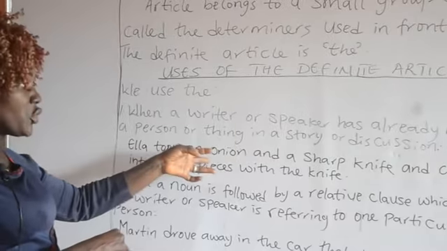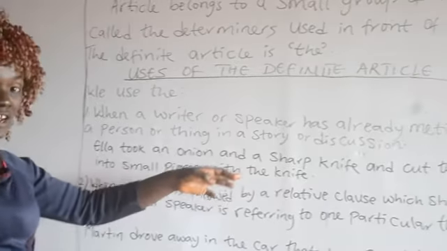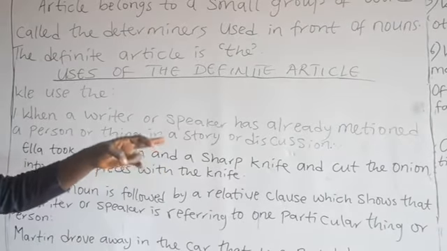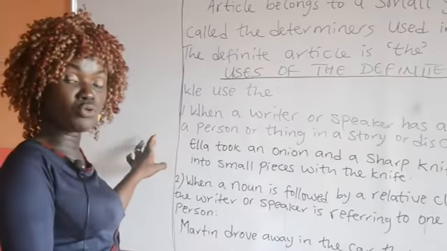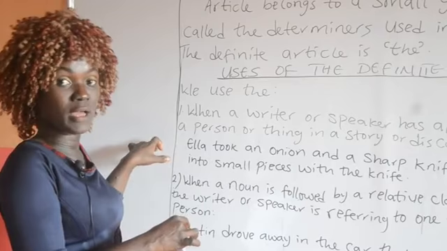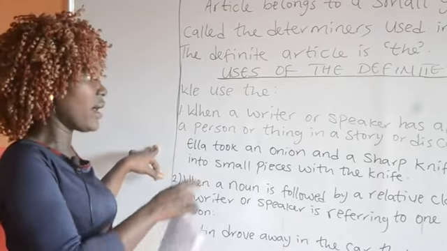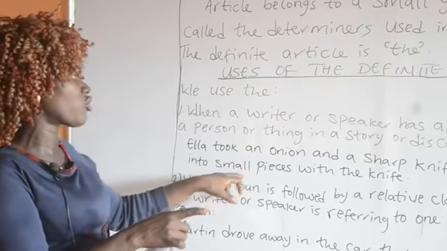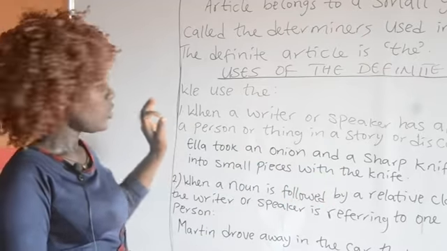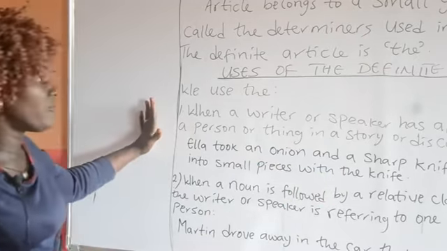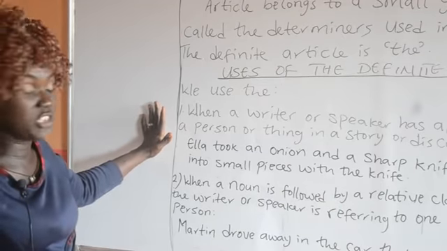Ella took an onion and a sharp knife and cut the onion, not a onion again. You use the onion because you have talked about the onion before, and cut the onion into small pieces with the knife. That is one use of the definite article the.